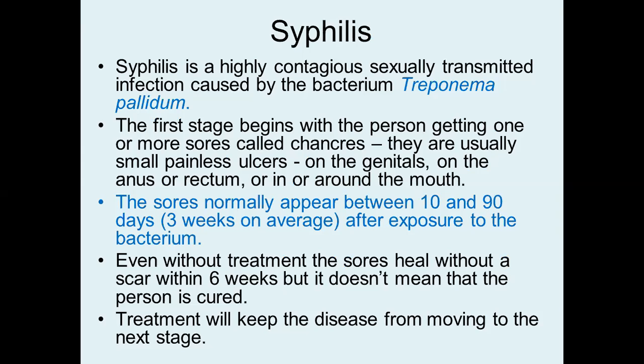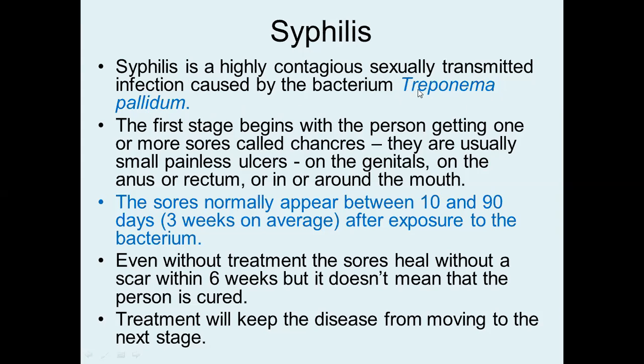However, let's remind you that it is a two-word name, and therefore it is a scientific name. Treponema being the genus name, and it's written with a capital T. Pallidum being the species name, and it is written with a lowercase p. Together, it is the scientific name.